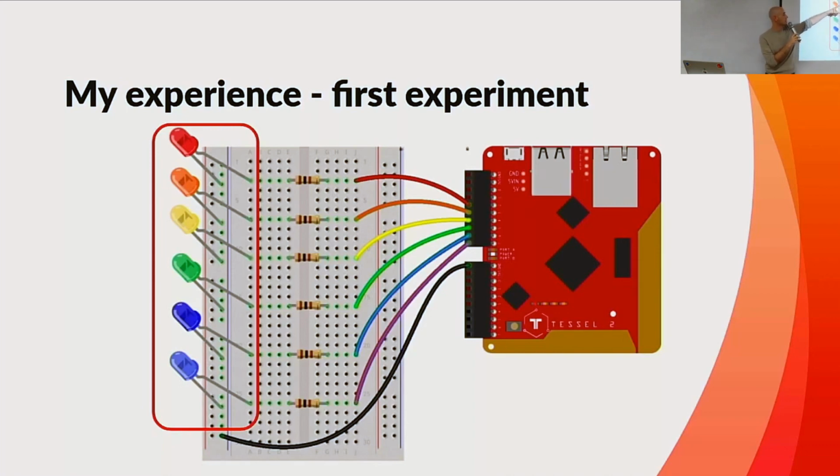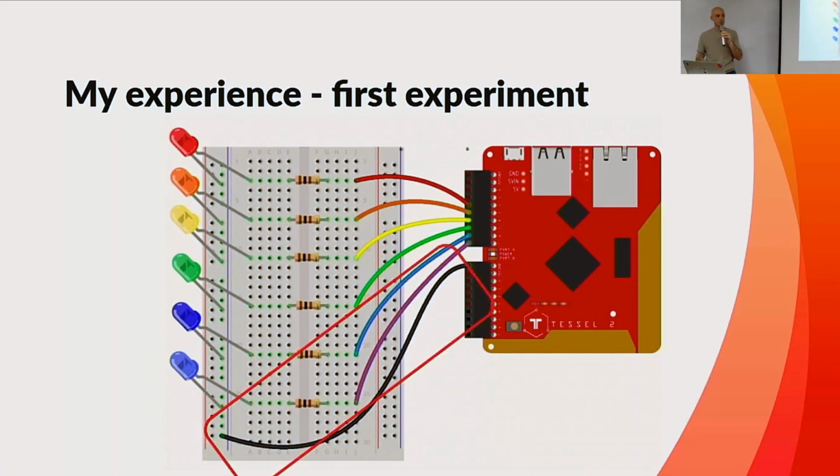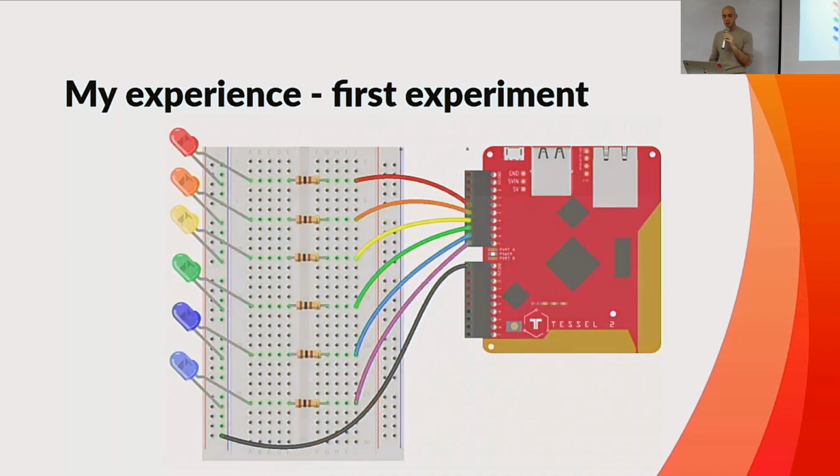Then we have the cathode over here, which goes into this little channel, the discharge channel. It's really important to set it up this way, because the opposite way wouldn't work. And finally, to close the circuit, which is necessary if you want it to work, there is the ground jumper wire that is connected to the ground port on the Tessel.